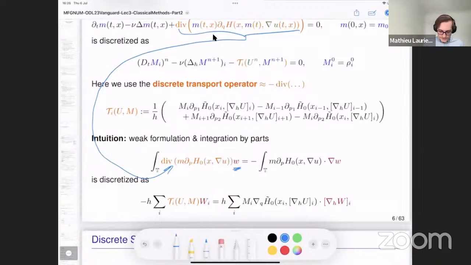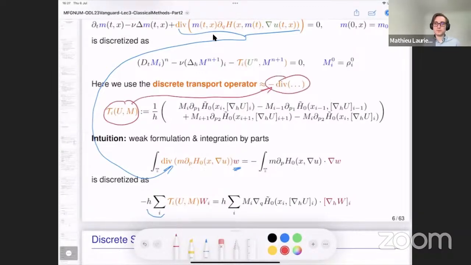At the discrete level, the integral becomes a sum. You have an extra minus sign because Ti here corresponds to minus divergence. This is a convention. You could of course put an extra minus in T, but that's why there is a minus here in front of H, and you have this discrete sum.